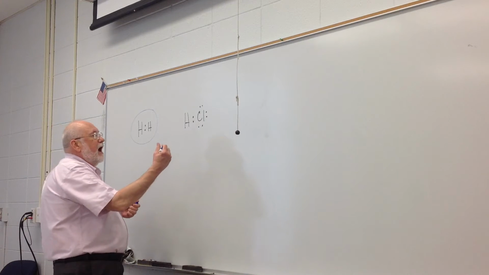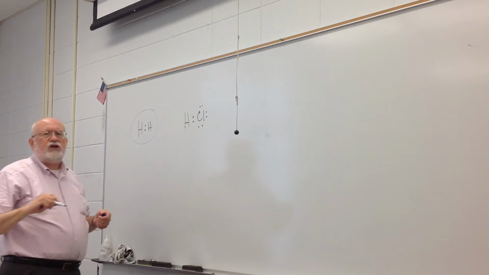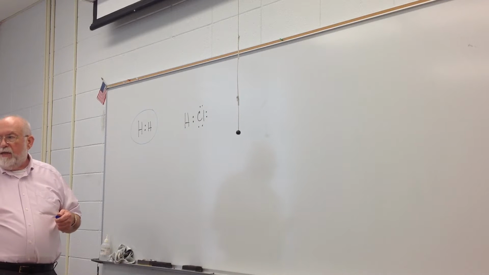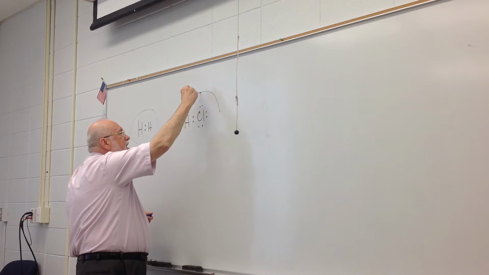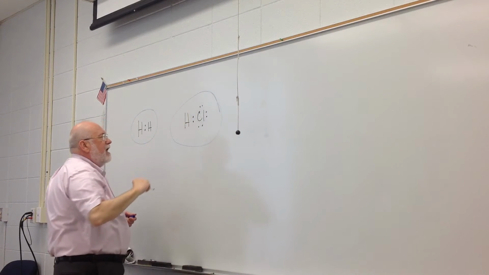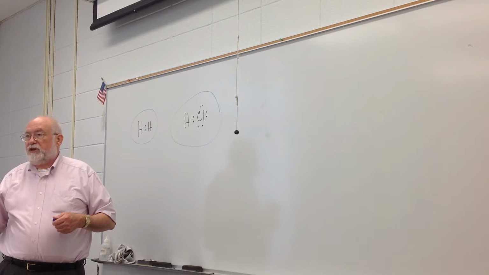All right, chlorine's higher, and so it's going to tend to want to draw those shared electrons closer to the chlorine and away from the hydrogen. So if we shade in an electron cloud about this thing, it gets to be a little thicker on the chlorine end than it does on the hydrogen end.